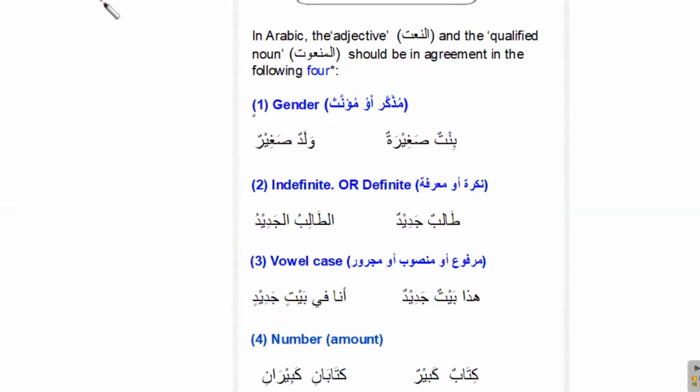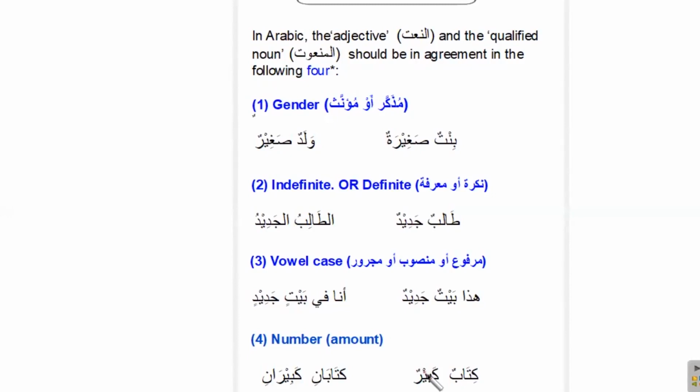Then we have the last one here, which is number. The number. Okay. This is not so in English. In English, if you are describing one person or several people, you use the same adjective.